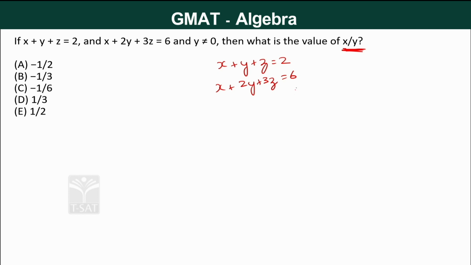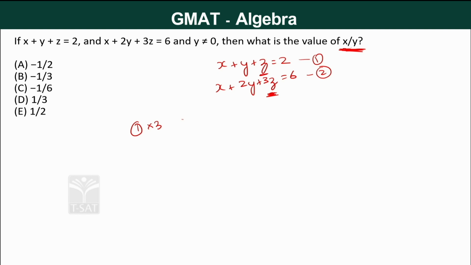So in these two equations, you want to eliminate z because you are only interested in what x by y is. So what you do first, this is the first equation, this is the second equation. The first equation you multiply by 3 because here it is 3z, here it is z.